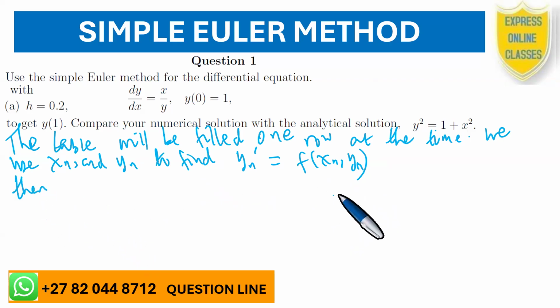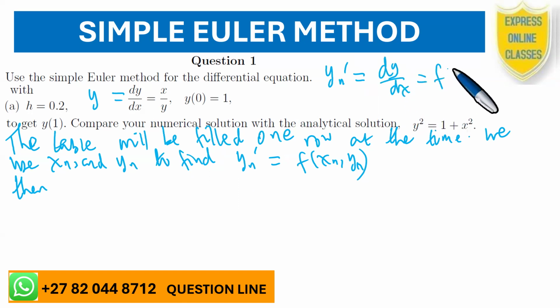And then in the process, we note that there are two names for this. The first name is y_n prime, which is what we call dy/dx, but it is also called f of x_n, y_n.